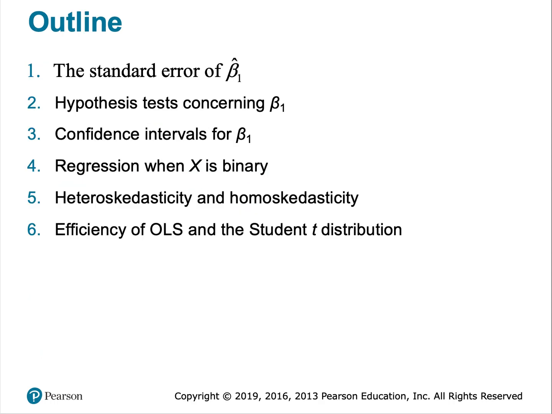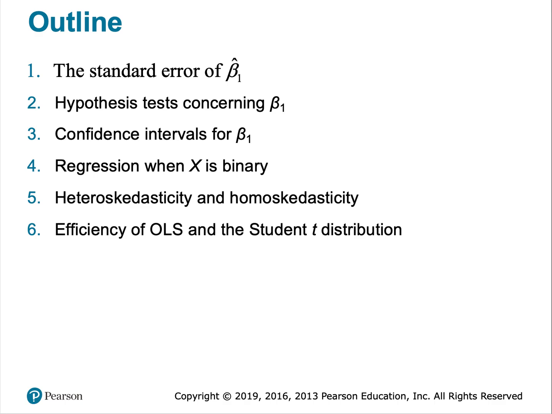Here's the outline of what we will discuss in Chapter 5. We'll look at the standard error of the OLS estimator of the slope. We will discuss how to carry out hypothesis tests concerning the value of the population slope. We'll construct confidence intervals for beta 1.